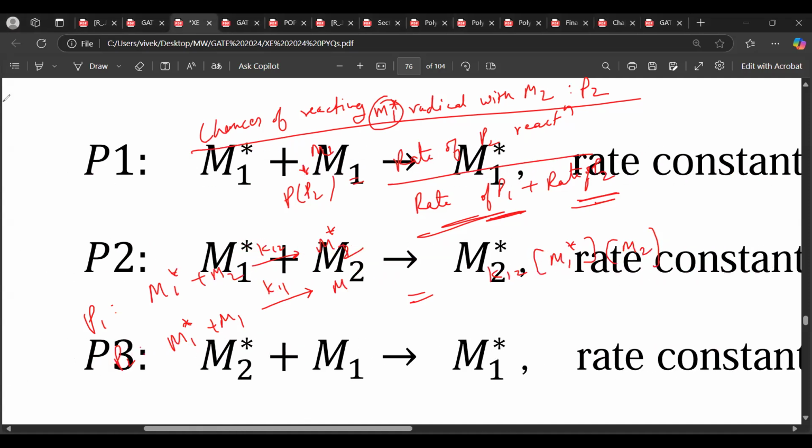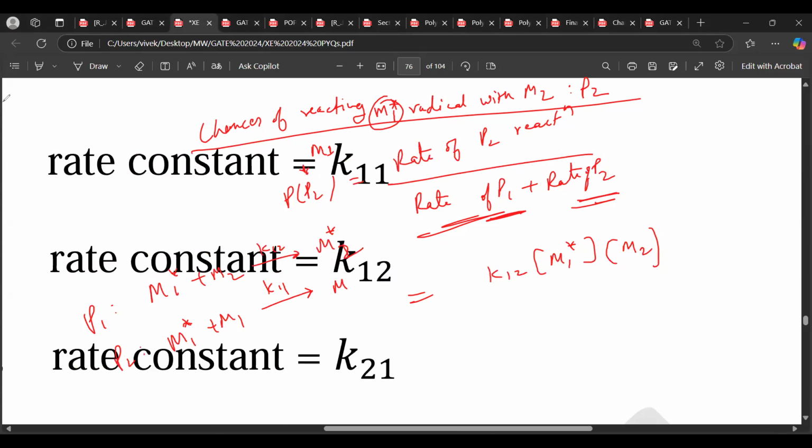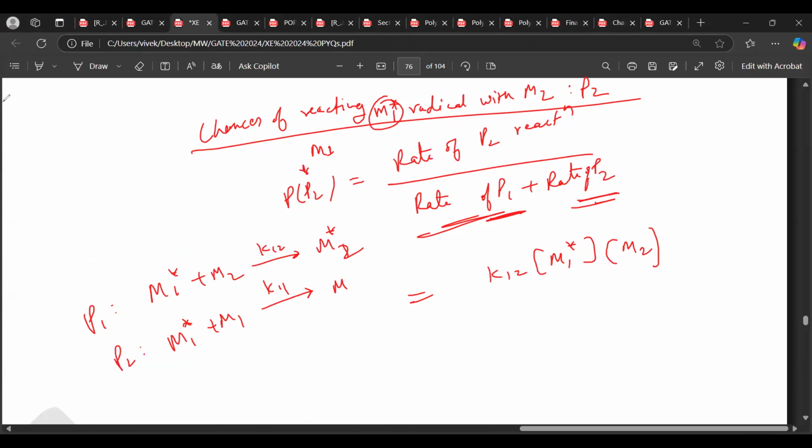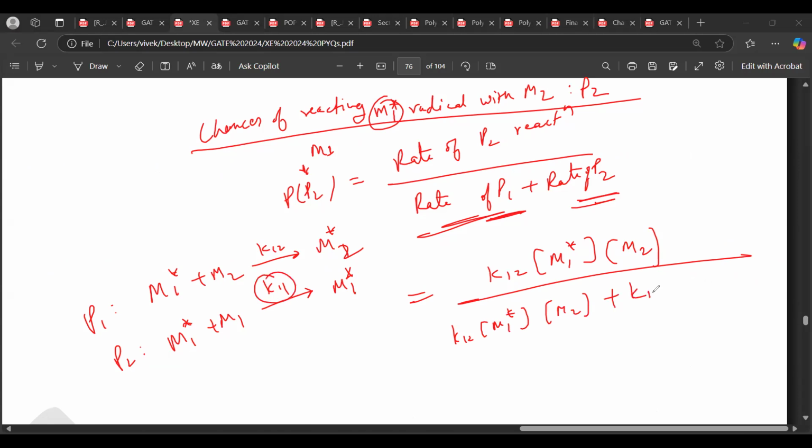So this is simple. This is divided by the total: K12 M1 star M2 plus K11 M1 star M1. Okay, and now you just have to substitute it.